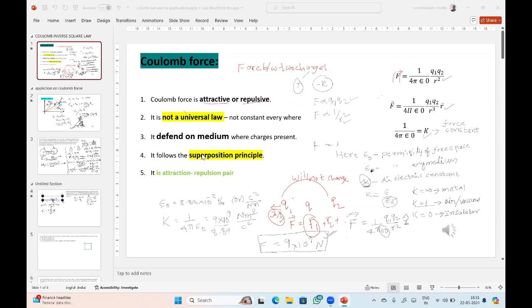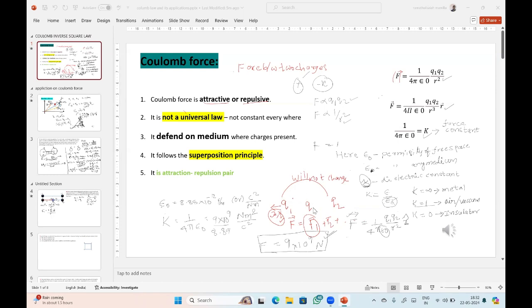And it follows the principle of superposition. That means the force between any two charges is independent of the intermediate charges. Here Q1 and Q2 are the two charges, and there are infinite charges between them. The force on Q1 will be the sum of the forces acting by the remaining charges.